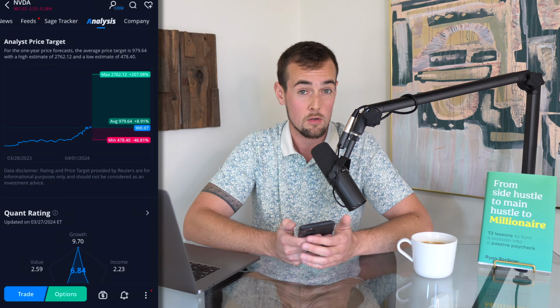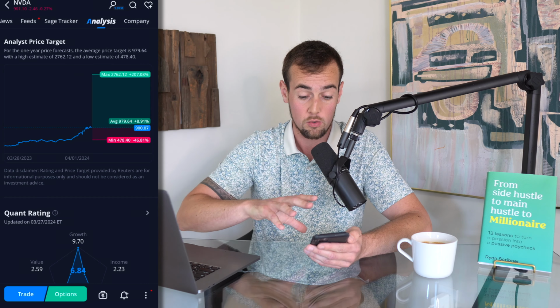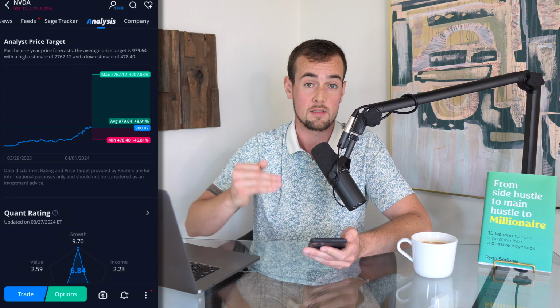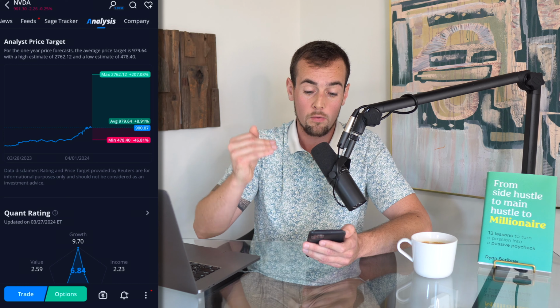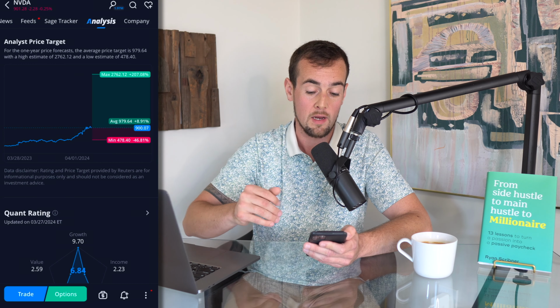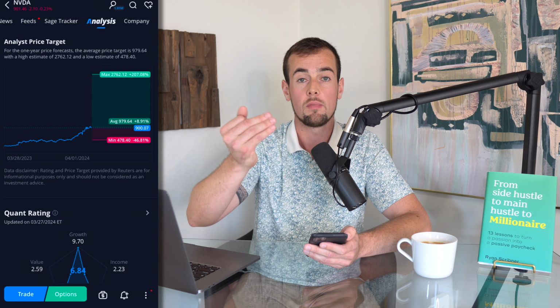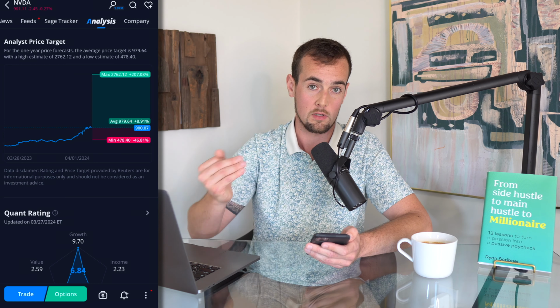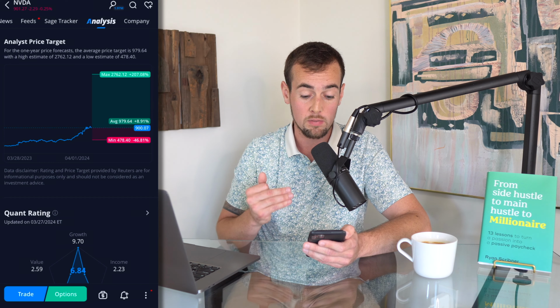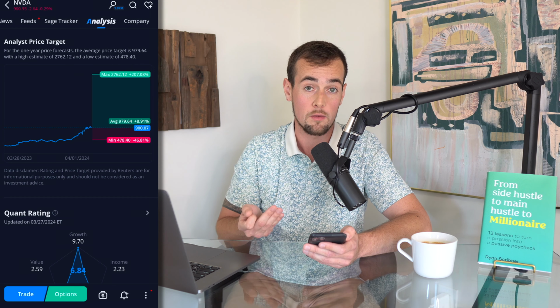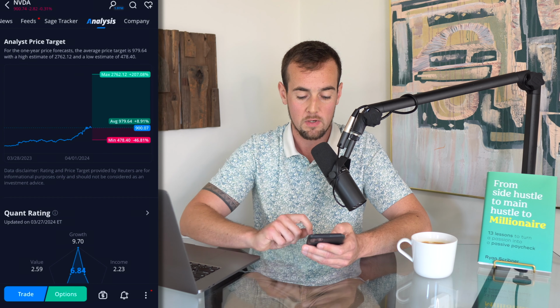So that would indicate that the analysts, almost all of whom have said it's a strong buy or a buy, think the fair price for NVIDIA right now is about $980, and that's pretty much the price that it hit before it came back down to the 900 level. So NVIDIA is probably fairly valued, if not overvalued at this point in time, but these metrics can definitely help you understand that.